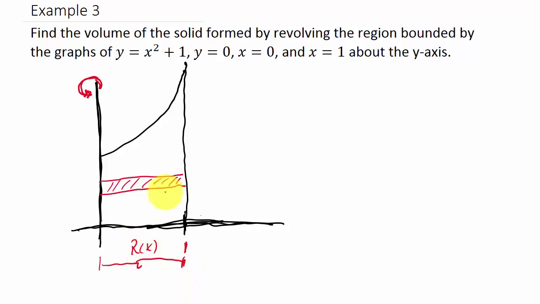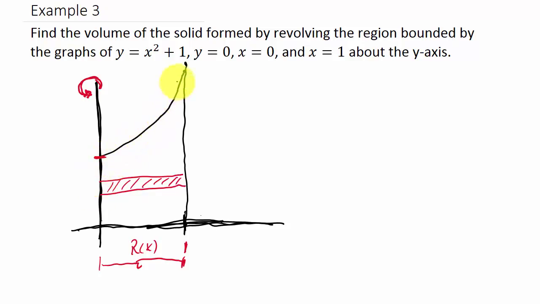That's big R, the outer radius. But if you notice little r, the inner radius, from here to here, little r is 0. Remember, this radius here is on the y-axis, so little r would be 0.